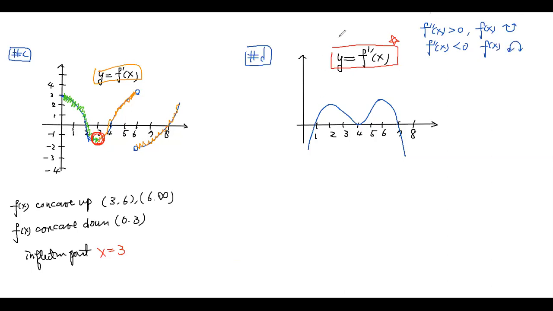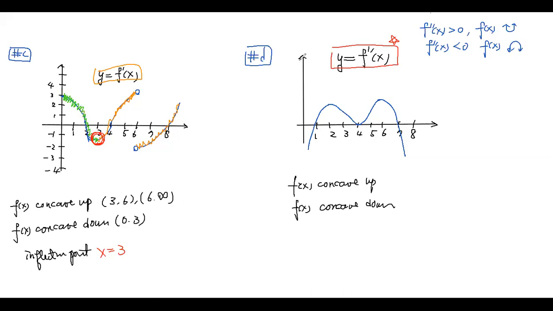Okay, now where is my concave up and where is my concave down? This is the f of x concave up, and this is the f of x concave down. Remember, this is the second derivative, so the second derivative greater than 0 is concave up, right?